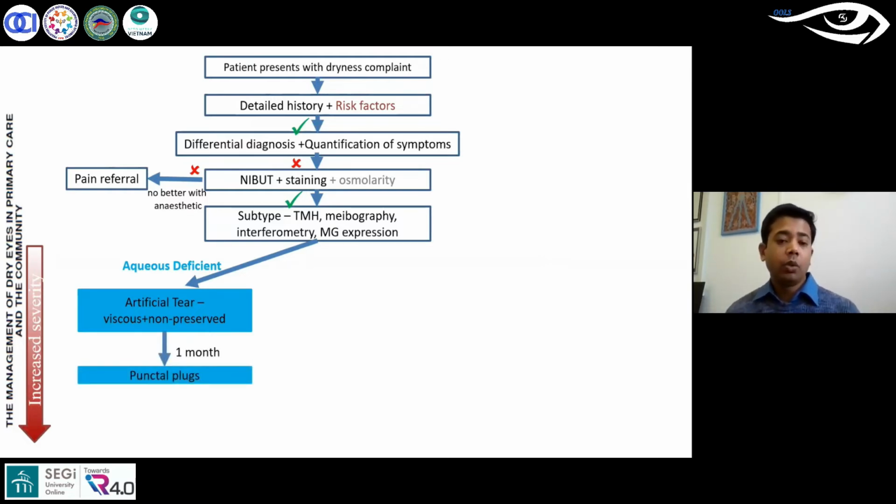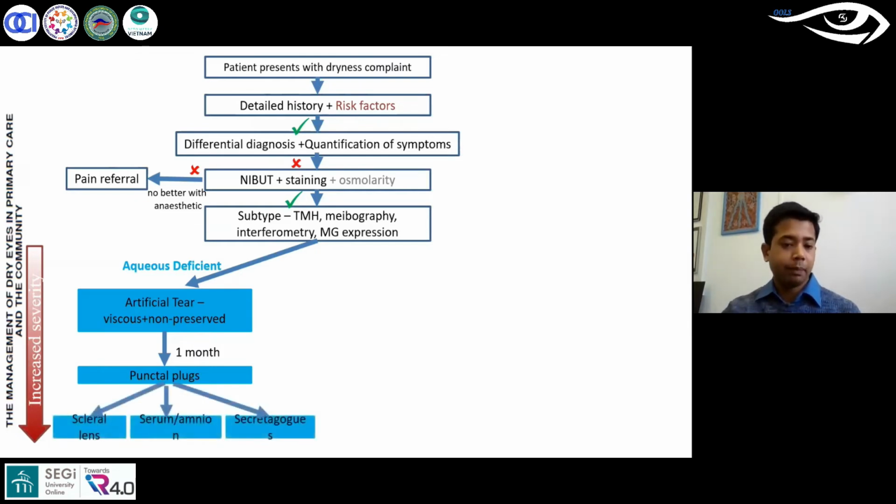Currently we know that we should wait for a month and see if the treatment is working. We should not ask patients to come back after 6 months. If it's not working after a month and the patient is still complaining, we should go ahead with punctal plugs, because we need to preserve the tear. The tear is good and, hopefully, not toxic.